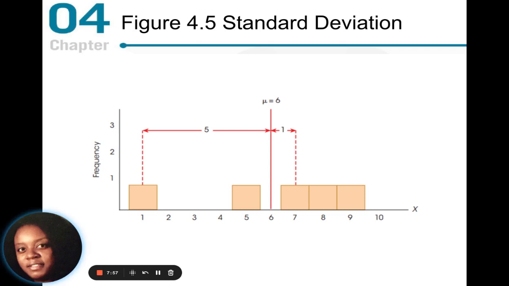We can see that the mean for the population is 6. The smallest distance from the mean is 1 point, and the largest distance in the distribution is 5 points, which means that our standard deviation should be somewhere between 1 and 5 points.